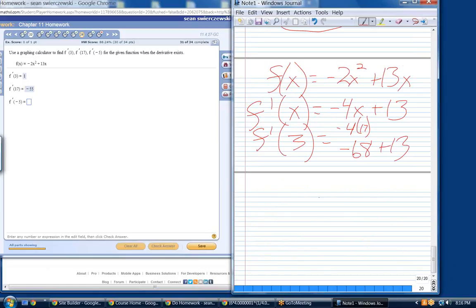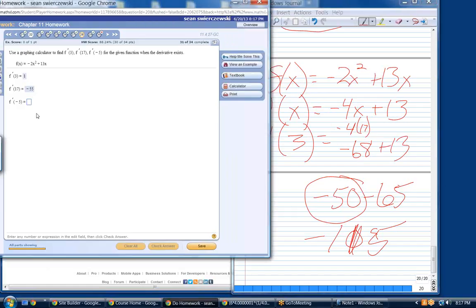Squares to 25, so we have minus 50 minus 65. I get minus 115. In other words, when I plug in minus 5 squared, that becomes 25 times minus 2 is minus 50. And then when I plug in minus 5 over here, I get a minus 65. So minus 50 minus 65 is minus 115.